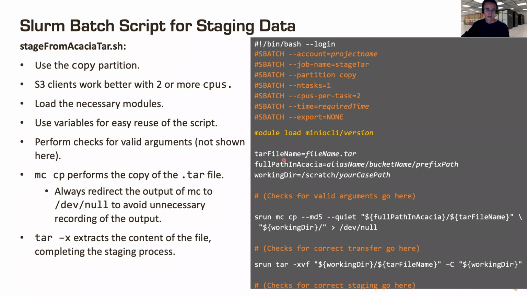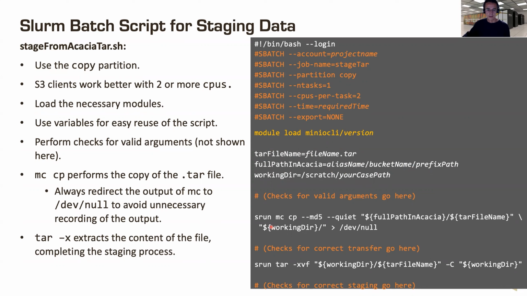So basically, we are defining which file to copy. We are defining the full path in Acacia with the alias name, the bucket name, and the prefix path, and defining the working directory in Scratch with the right path.